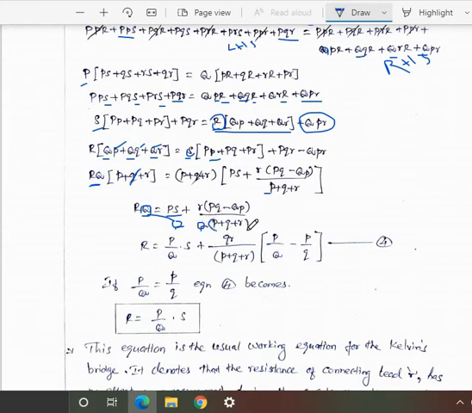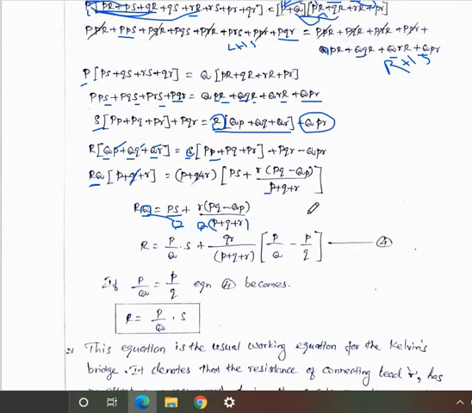So here that equation should be expanded: capital PS divided by capital Q, plus small r into (capital P small q minus capital Q small p), divided by capital Q into (capital P plus Q plus R, or small p plus small q plus small r).